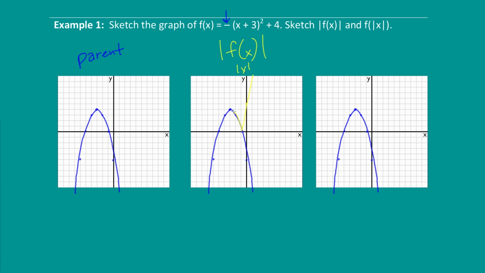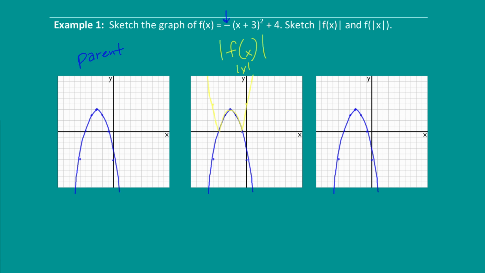These guys are all good. And this will go. So we've got this W pattern that shows up because it bounces off the x-axis. We can't have any negative y's, so they become positive y values.